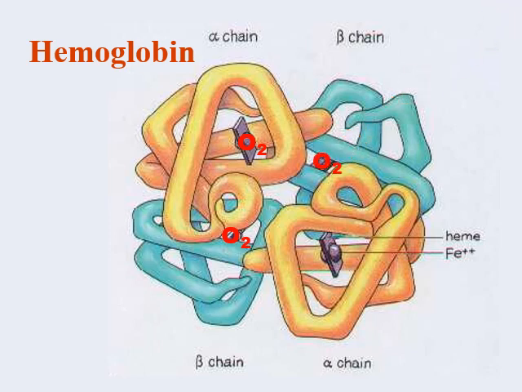Hemoglobin has 4 polypeptide chains in globular form linked to each other. On this diagram, 2 of the chains, known as alpha chains, are shown in yellow, and the other 2 chains, called beta chains, are shown in blue. The sequence of amino acids in the 2 alpha chains is the same.